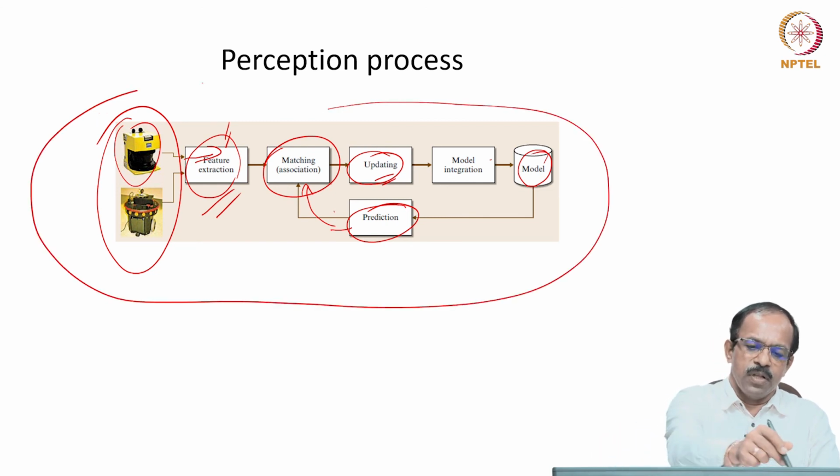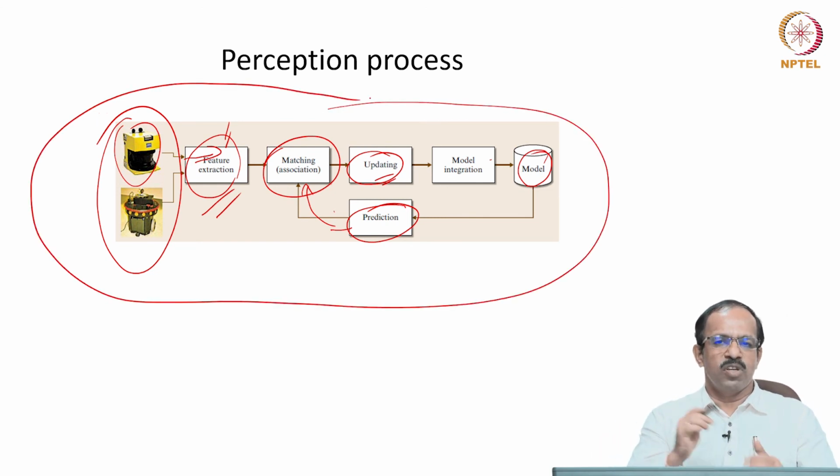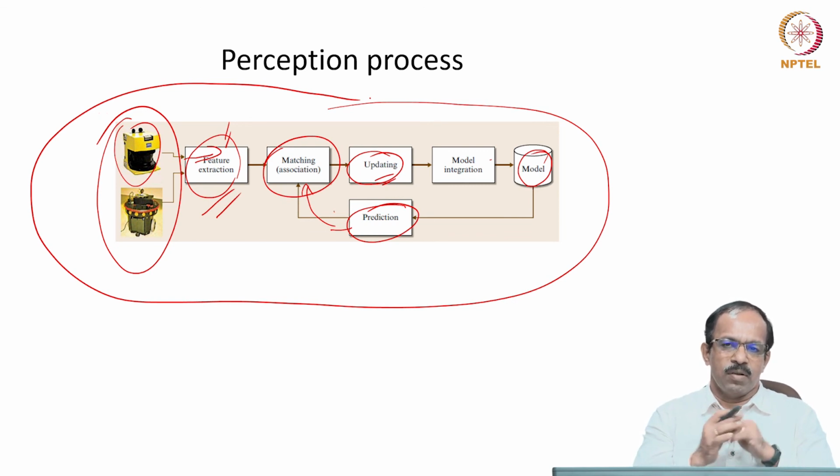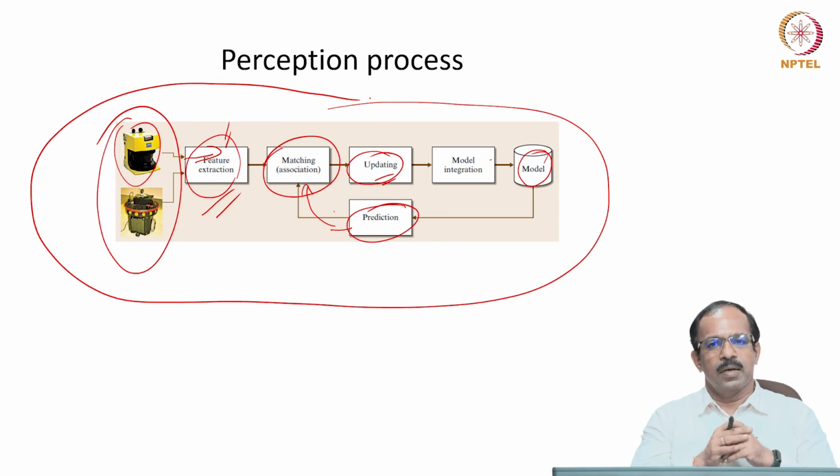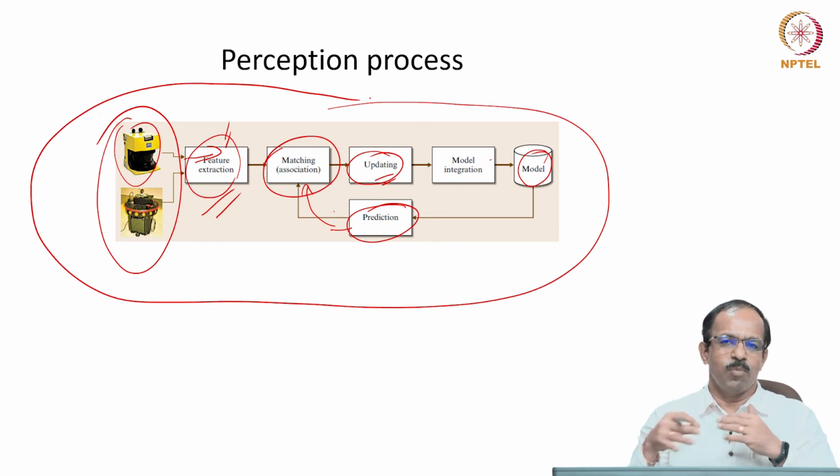It will continue throughout the operation of the robot, and continuously the robot will be looking for information using the sensors, extracting the features, matching with the model, and then updating the model, and then keep on predicting and updating it.